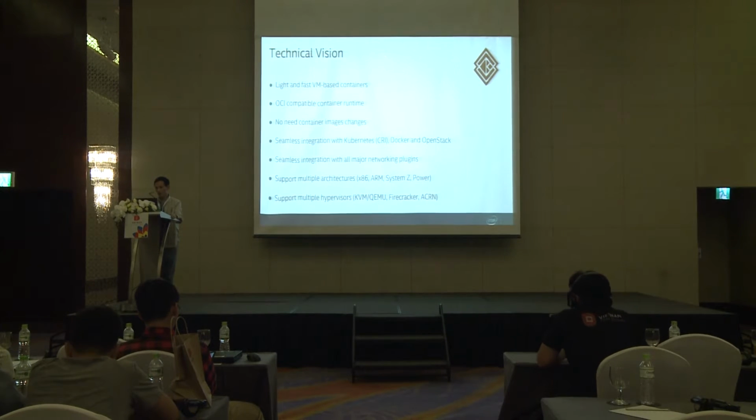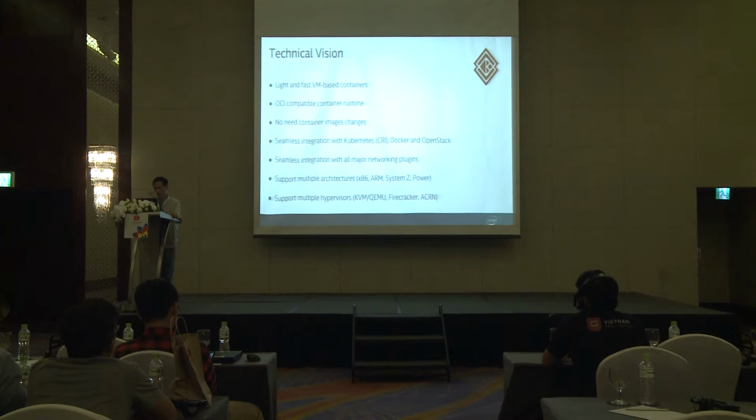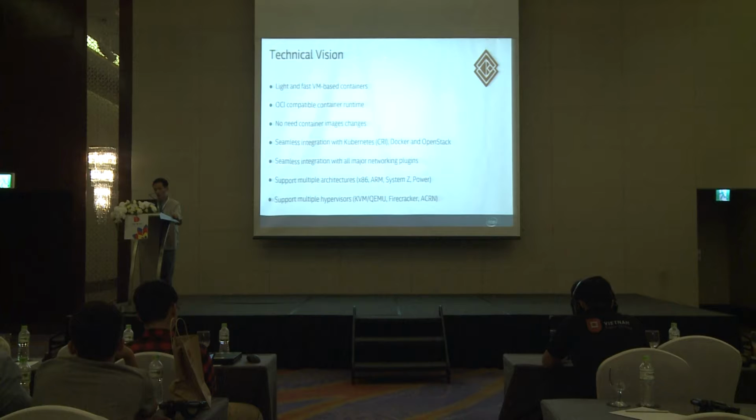So some of the technical vision of the project is that we provide a light and fast virtual machine-based container technology, and it is OCI compatible, so it can be seamlessly integrated with Kubernetes, Docker, and OpenStack.